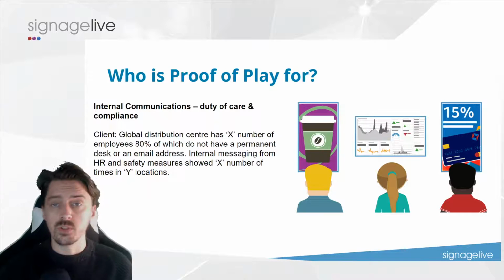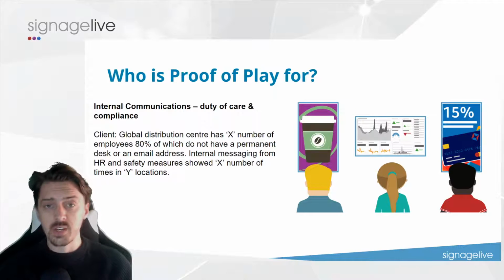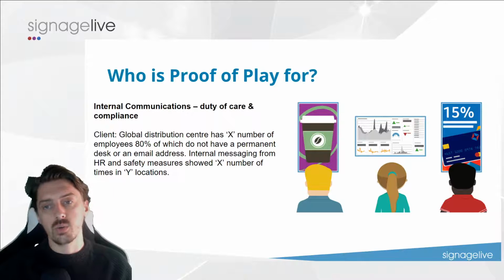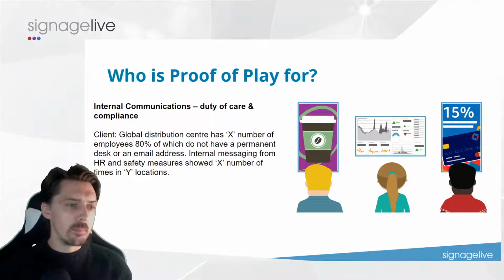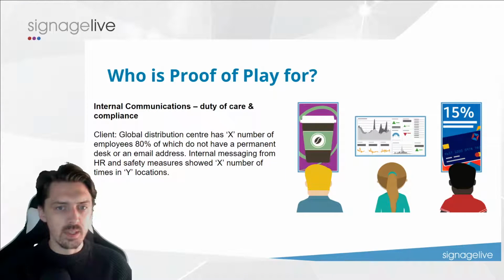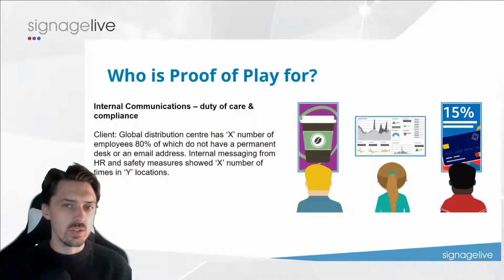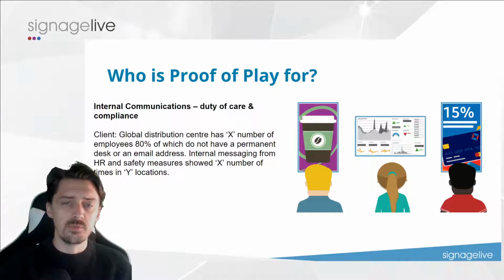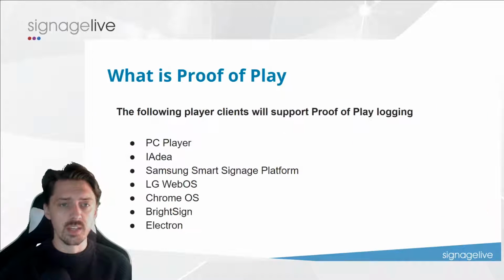Would you like to have that as an additional advertisement space if it's available? The advertiser or the advertiser group says, yes, we would like to take you up on that, and then they can be charged accordingly. So all of it is about building that interface and building that capability of guaranteeing and having some really solid metrics around that. And as I said at the beginning, it's quite a bespoke function within Signagelive, but it's very, very beneficial for these kinds of use cases.